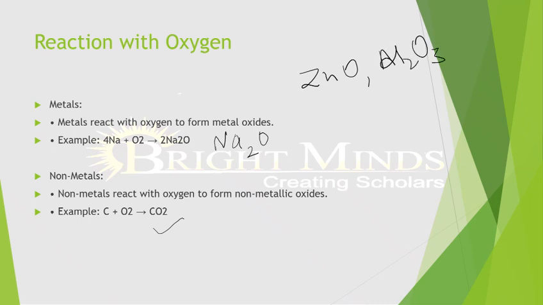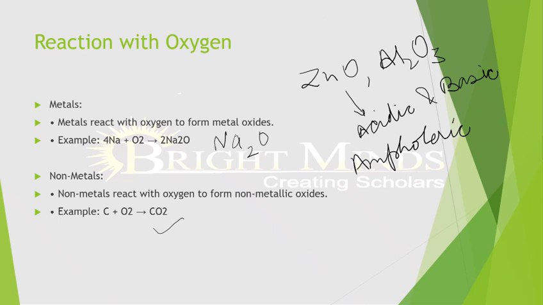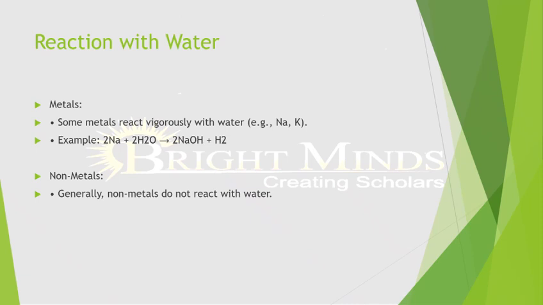These are the two oxides which are both acidic and basic in nature. These kinds of oxides are known as, dear student, amphoteric oxides.